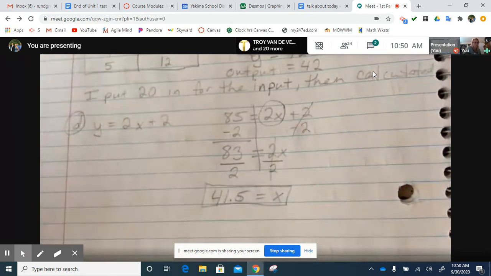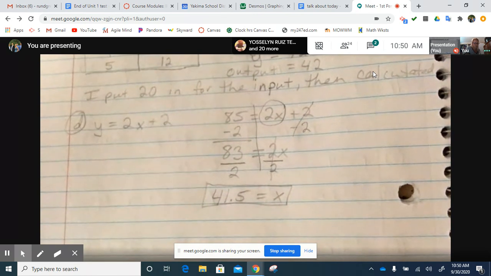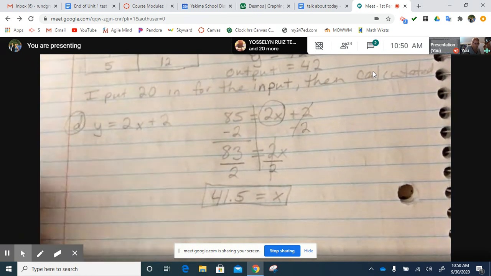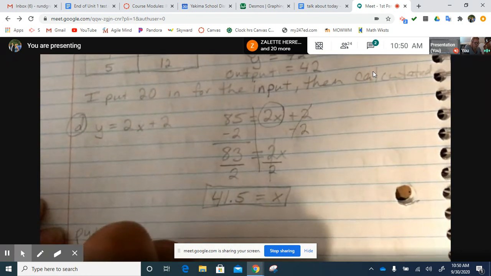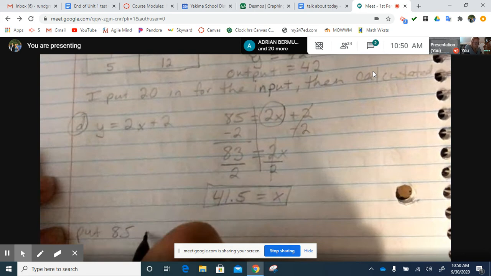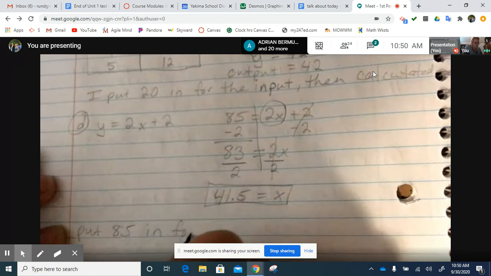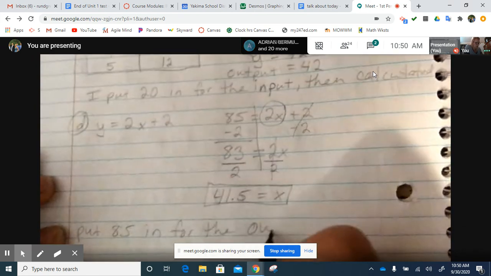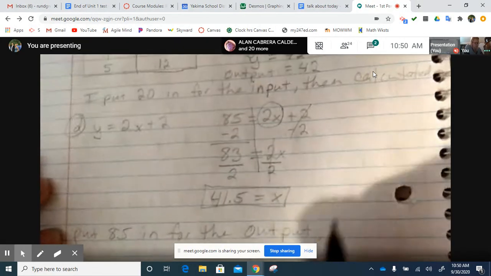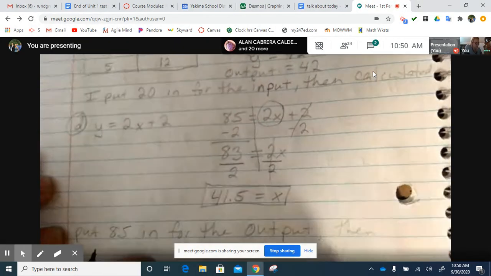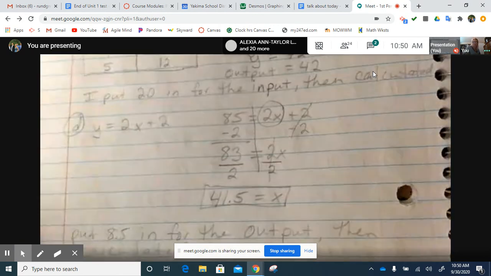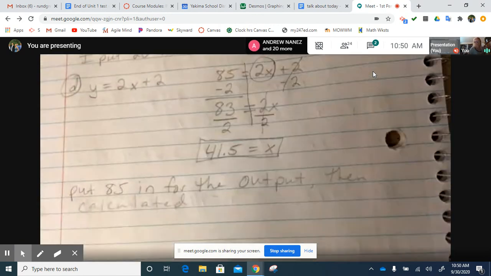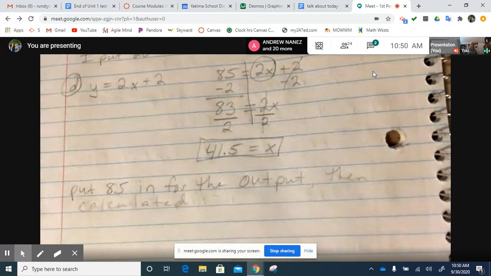Not input as the output. Yeah. Okay, so put 85 in for the output and then calculated.